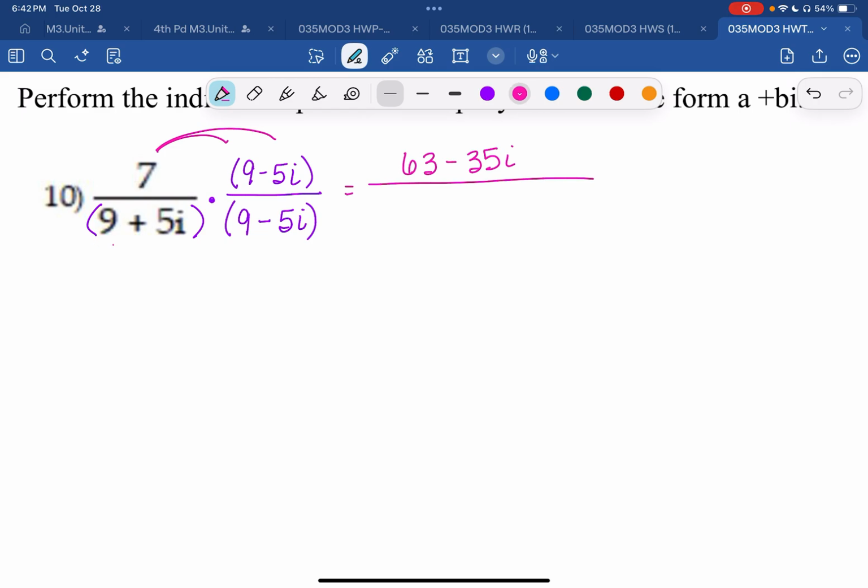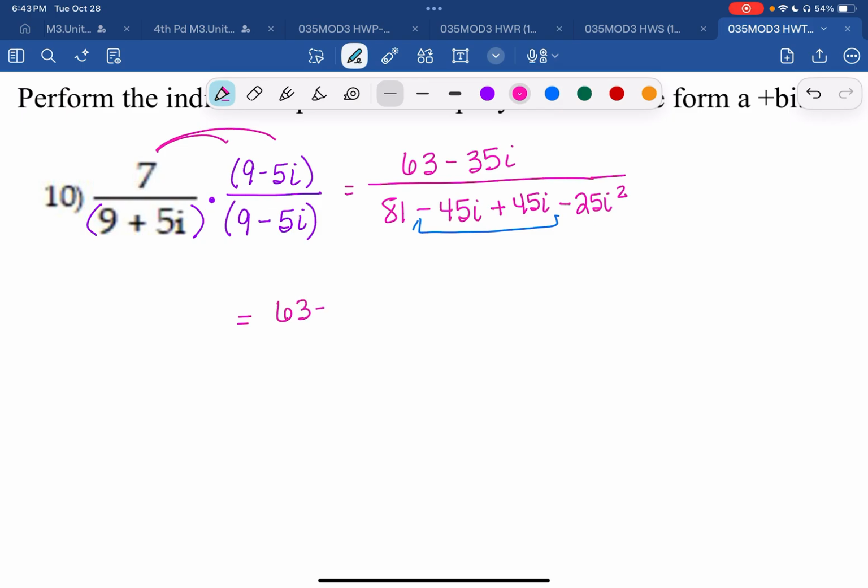So I've got 9 times 9, 9 times negative 5i, 5i times 9, and 5i times negative 5i. Then we're going to clean that up. Remember, the conjugate makes these two middle terms cancel. That's why we use it.